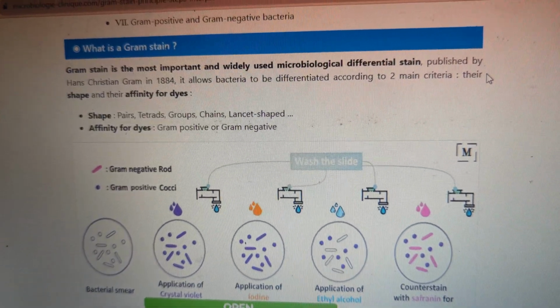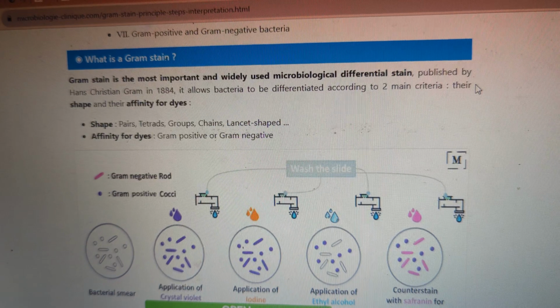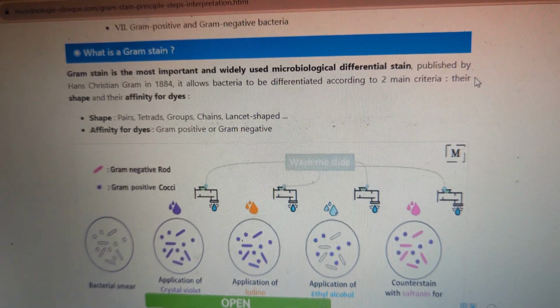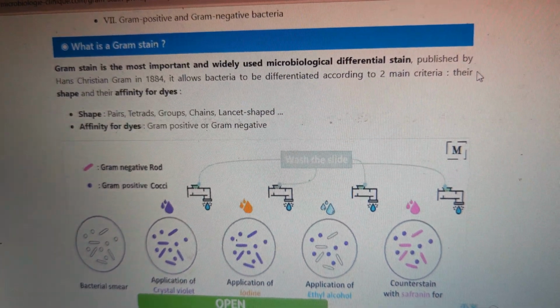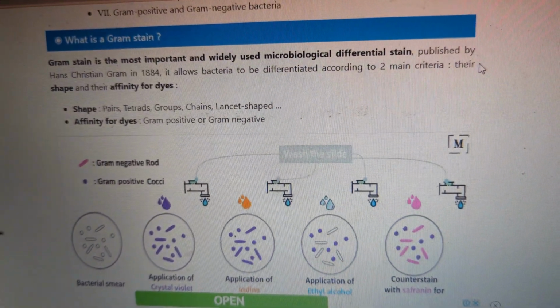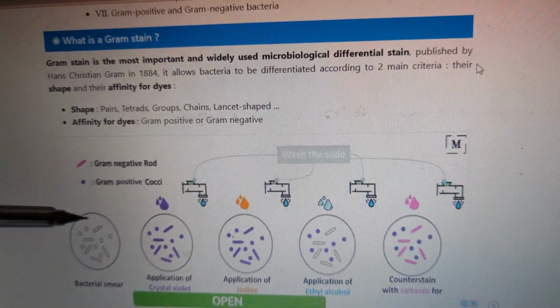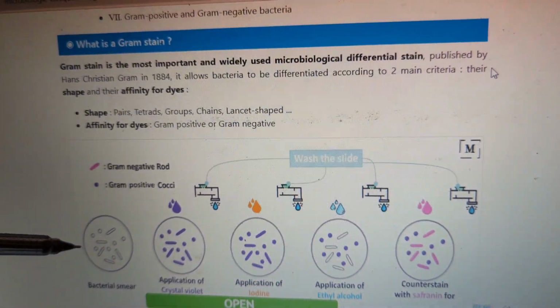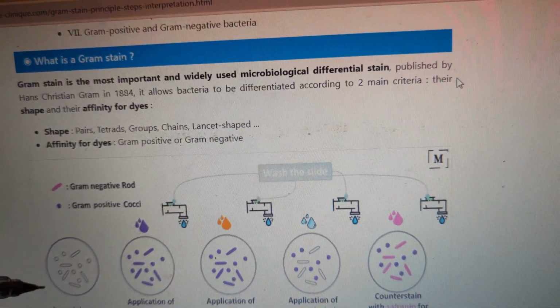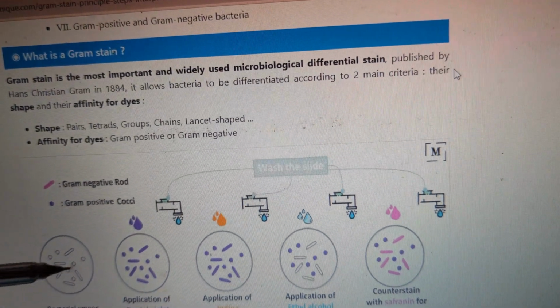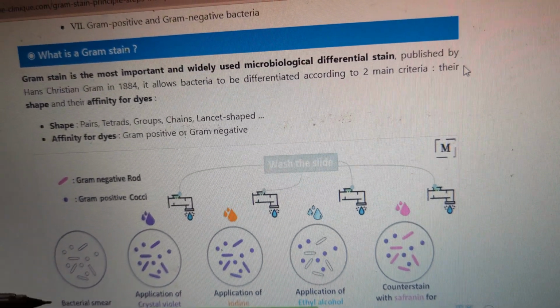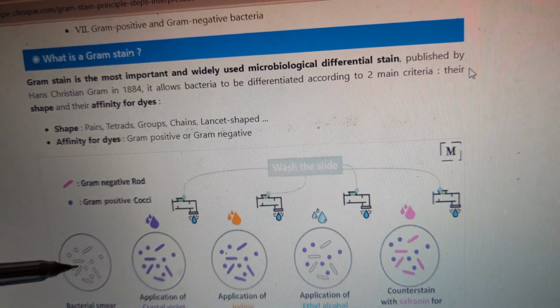Okay, so you can see in my view here, I have on my laptop screen the steps. So you have your bacteria smear, a nice dried slide of whatever it is. Maybe it's a throat swab, maybe a CSF, the smear of it, whatever your specimen is.